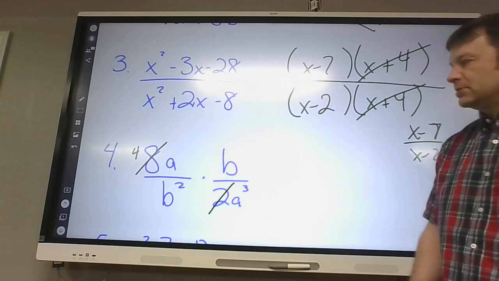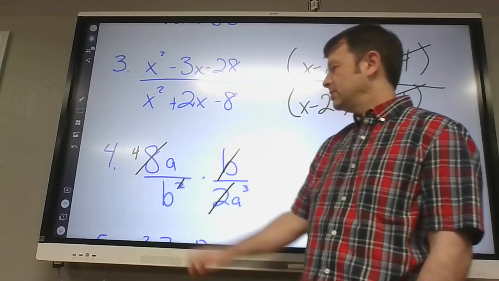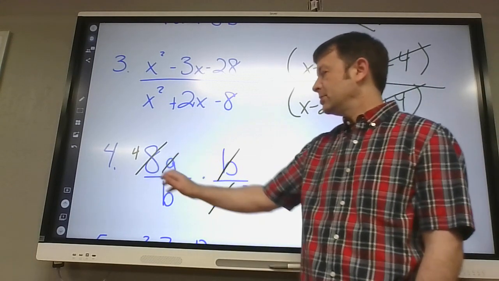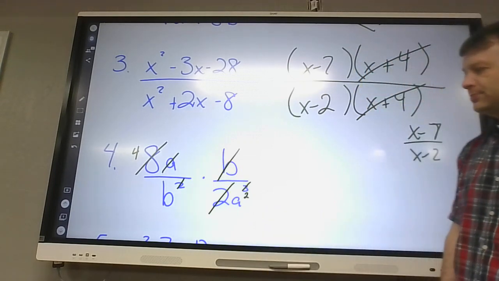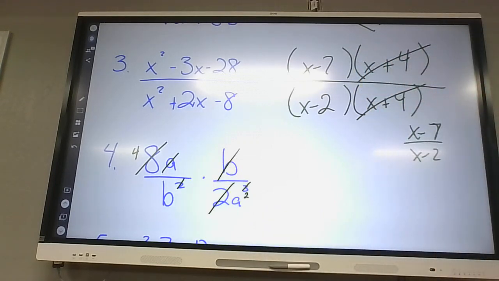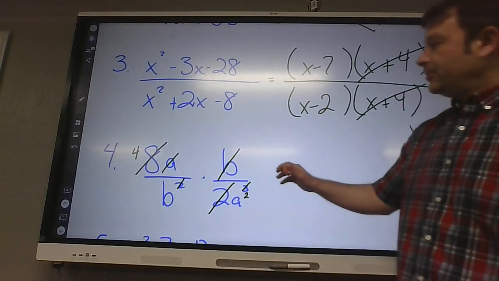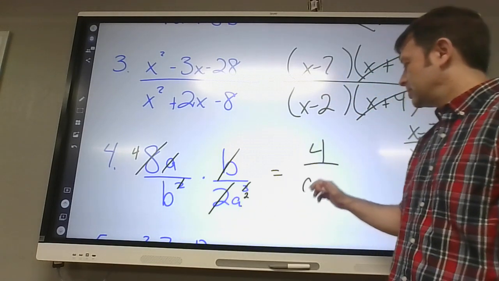Well, B and B squared just leaves a B on the bottom. A and A cubed takes 1A out and leaves 2 on the bottom. So what do we have left on top? On bottom, a squared and b.